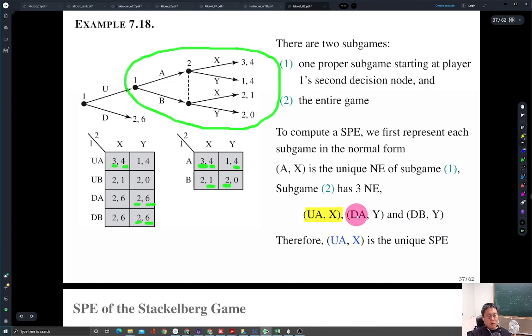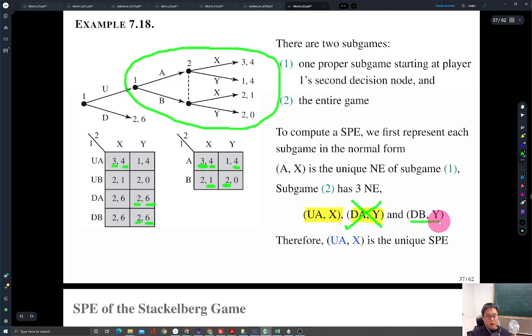But what about this one? Its restriction to this subgame: now player 1 chooses action A, and player 2 chooses action Y instead of X. Because we have different predictions about player 2's behavior, its restriction is no longer a Nash equilibrium in this subgame. So that's why we can eliminate this one.